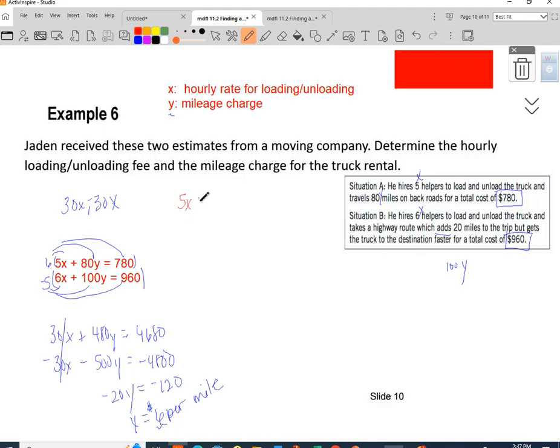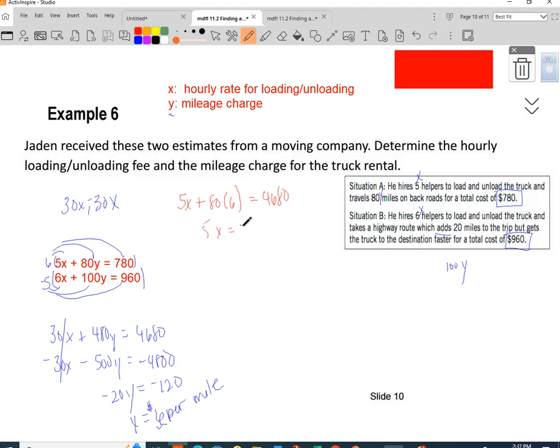5x plus 80 times 6, because our y is 6. It's a very squiggly thing. 80 times 6 equals 780 times 6, or 4680. And now I'm still just simplifying here.